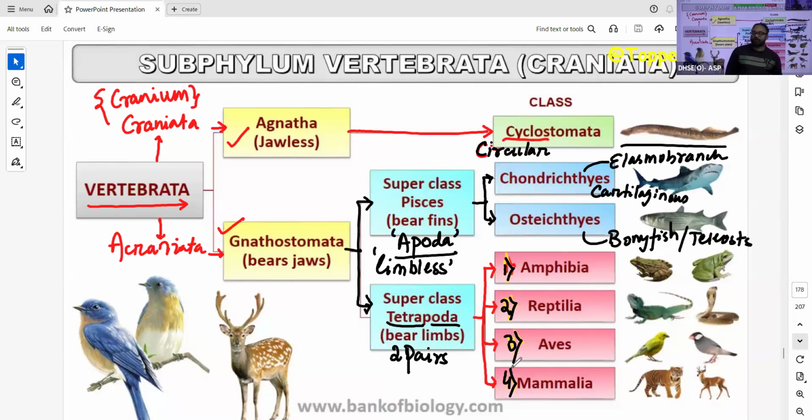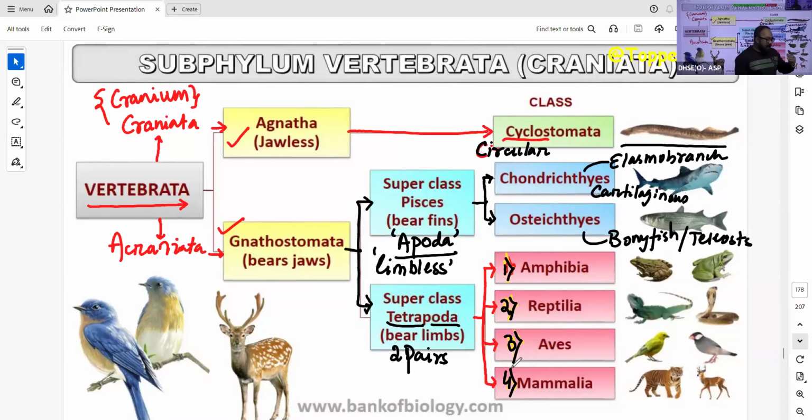When you place these phyla or classes, you categorize them in a particular order, based on complexity of body organization and so on. But one important thing to follow is the evolutionary relationship.